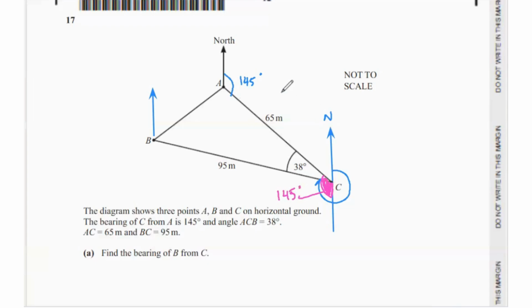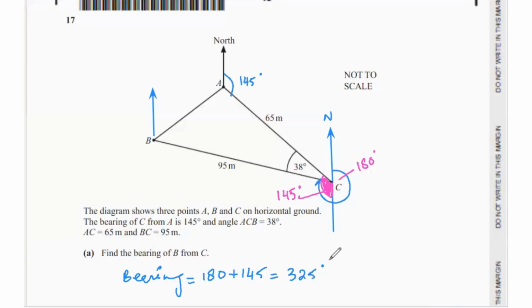Once again, alternate angles in parallel lines are equal. So if this is 145, this is a straight line angle, this is 180. So your bearing is going to be 180 plus 145, which equals 325 degrees.